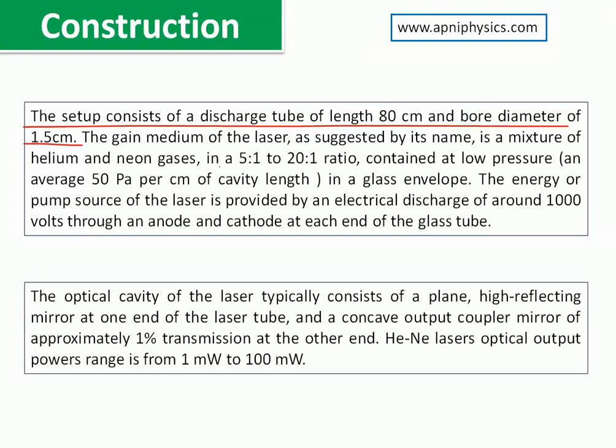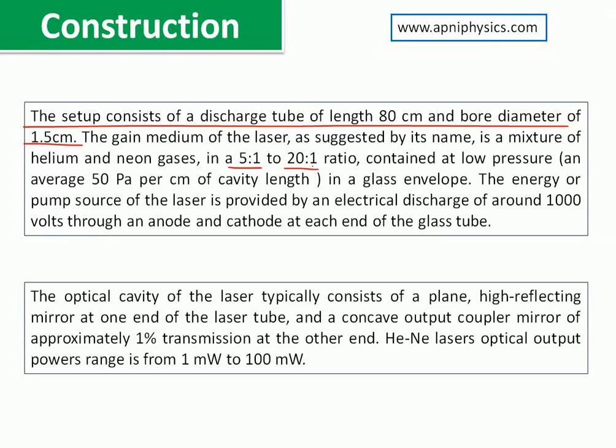It can vary up to 20 to 1. Here 20 is for the helium atoms and 1 is for the neon atom. And as you know, neon is responsible for the laser light in the helium neon gas laser.